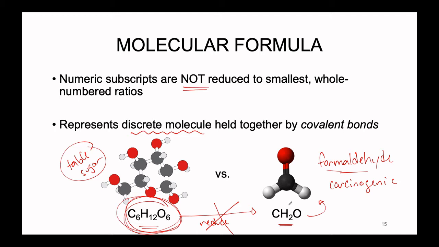All right, so ionic compounds we represent with the empirical formula because whether or not we scale up or scale down, we see the exact same chemical and physical properties. Molecules are totally different. If we try to scale up or scale down the formulas, due to the nature of how covalent bonds form discrete molecules, we're going to be observing totally different compounds, and as such, we cannot use the empirical formulas as a shortcut.